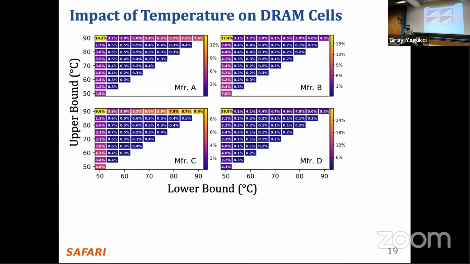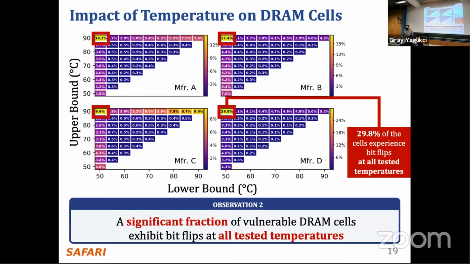And we repeat the same analysis across all DRAM manufacturers that we test. There are 4 of them. And we observe similar distributions here. So we make 2 observations across all these DRAM manufacturers. First, we observe that a significant fraction of vulnerable DRAM cells exhibit bit flips at all tested temperatures.